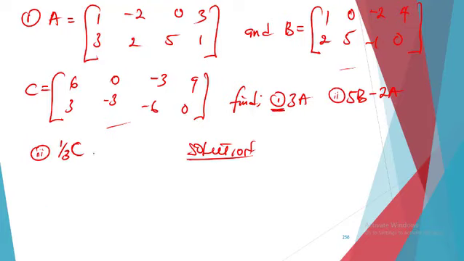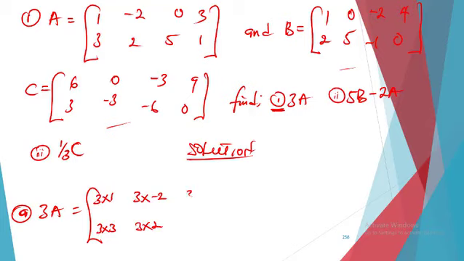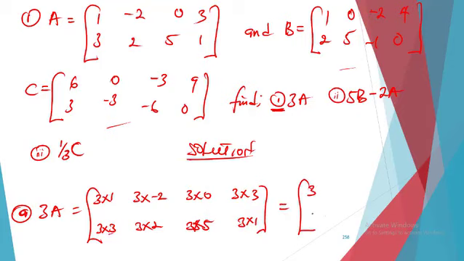Our A is this, so our 3A will then be equal to 3 times 1, 3 times 3, 3 times minus 2, 3 times 2, 3 times 0, 3 times 5, 3 times 3, 3 times 1, and that will give us a new matrix. 3 times 1 is 3, 3 times 3 is 9, 3 times minus 2 is minus 6, 3 times 2 is 6, 3 times 0 is 0, 3 times 5 is 15, 3 times 3 is 9, 3 times 1 is 3. So we've gotten our 3A.